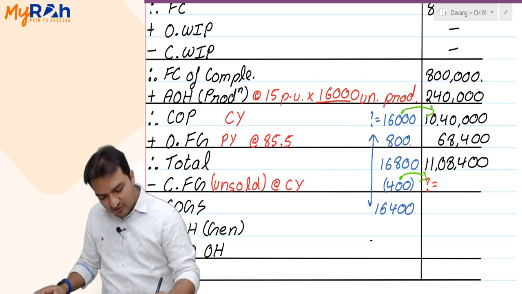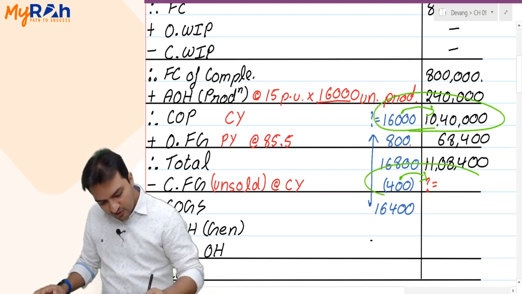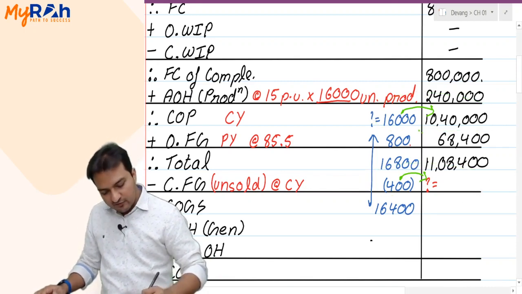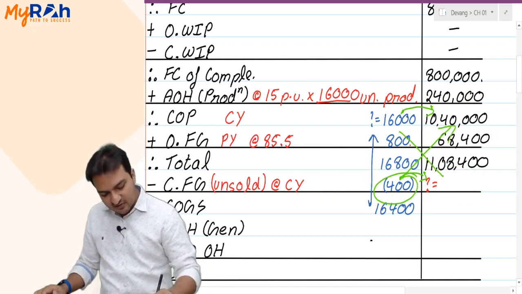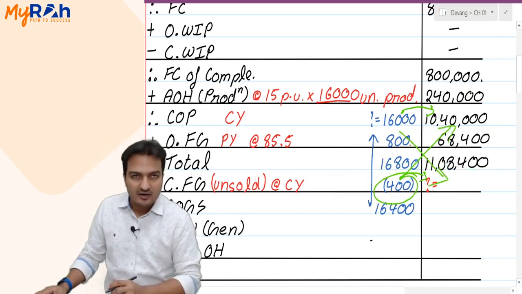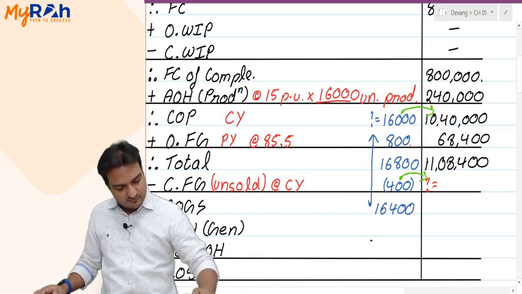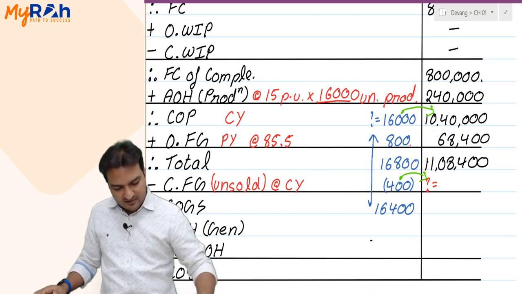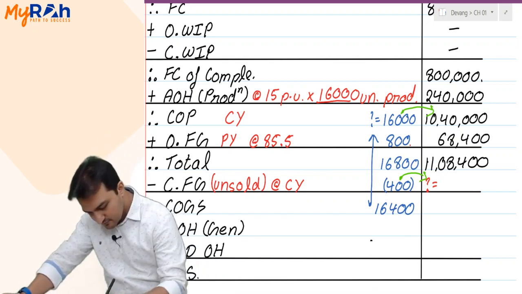So 16,000 is 1040, then 400 should be what? We will take 400 into 1040 divided by 16,000, which will give you this value. This is called cross multiplication. 400 into 10,40,000 divided by 16,000 gives me 26,000.